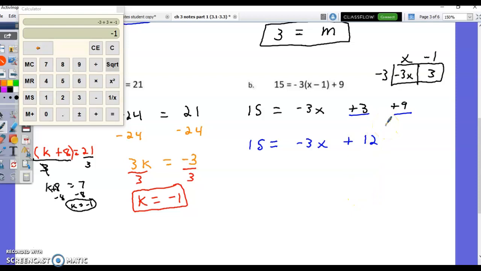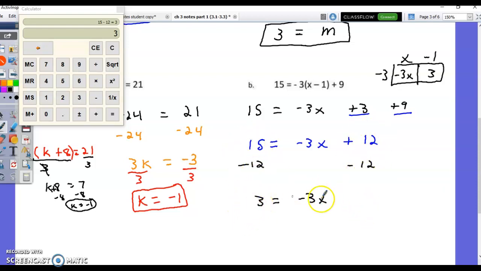All right, now I'm at that two-step equation. So I could subtract 12 from both sides because I want to get this negative 3x term by itself. So minus 12. 15 minus 12 gives us 3. So 3 equals negative 3x. That's a 0, so that goes away.